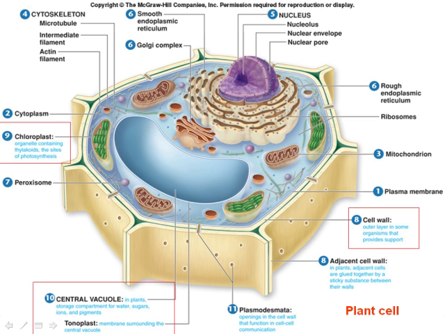This diagram represents a typical plant cell. Let's look at the components of this plant cell. If we start at the inside of the plant cell, we see in purple, or number 5, the nucleus. The nucleus houses the DNA, or the genetic information of the cell.